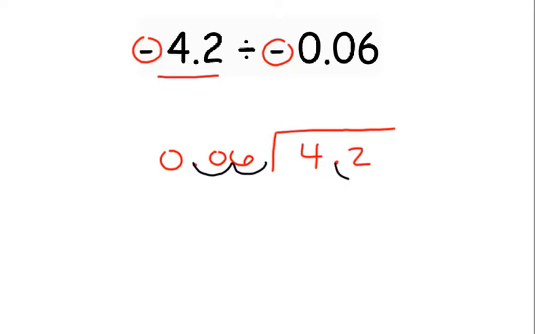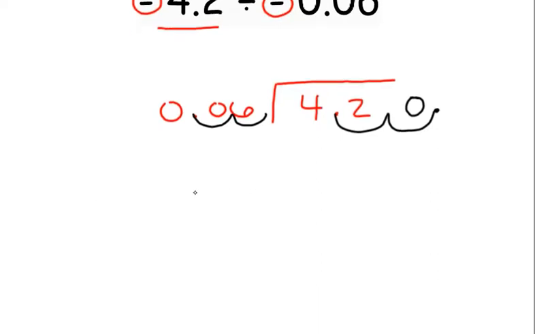So I'm going to move it here. 1, 2. In this empty spot, I need to put a 0 as a placeholder. I can't just move it once because I only have one number. I have to move it an equal number of times that I moved it on the outside. And then a decimal goes at the end. So on the outside, I now have 6. And on the inside, I have 4, 2, 0.